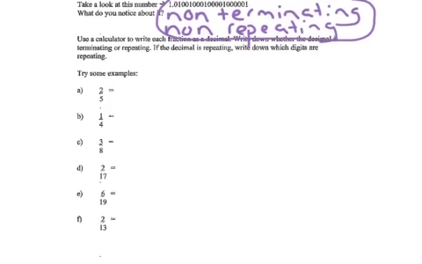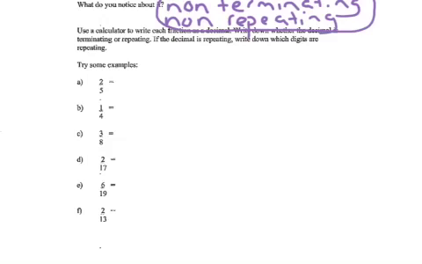So down here, we're going to try some examples, and we're going to say if they either terminate or repeat. So, first thing you do, anytime you are given a fraction, first divide it in your calculator. So if I take 2 and divide it by 5 in my calculator, I would get 0.4. This decimal stops, therefore it is terminating.